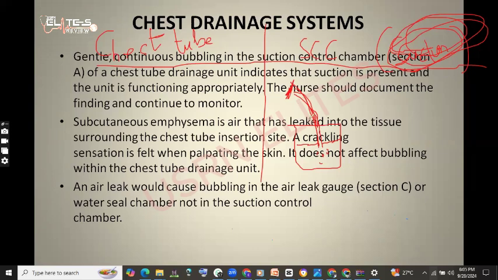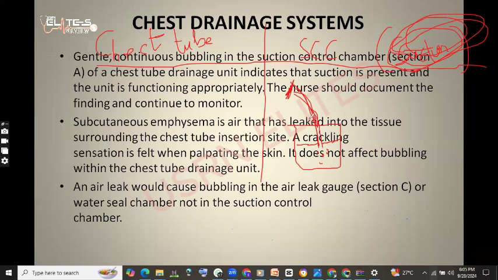Which breathing cycle helps inflate the lungs or helps close the pleural space?